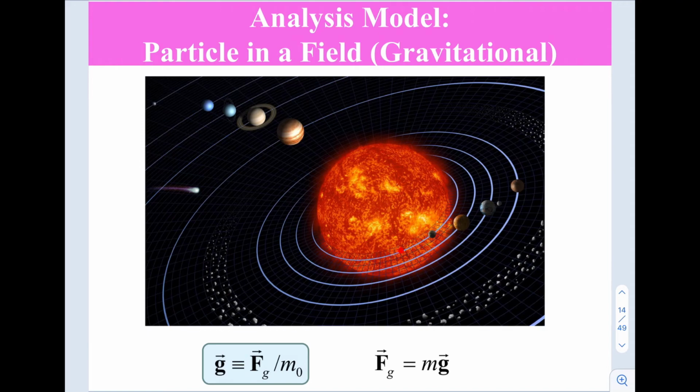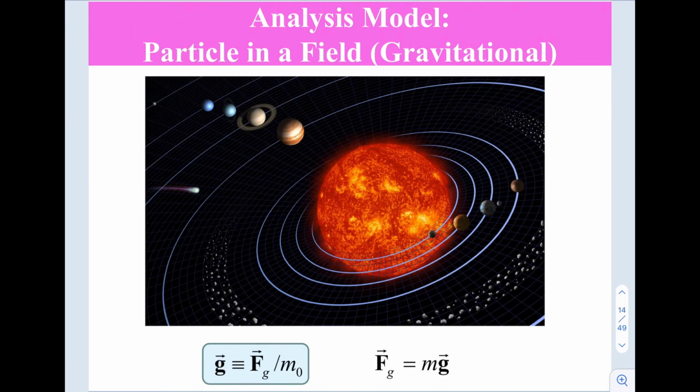Analysis model: particle in a field. We call it gravitational. In our system, the Milky Way, we have the Sun as the center, and orbiting the Sun are the rest of the planets, including Earth.